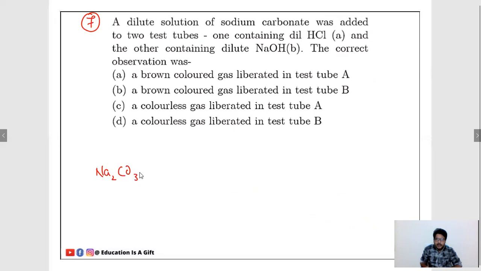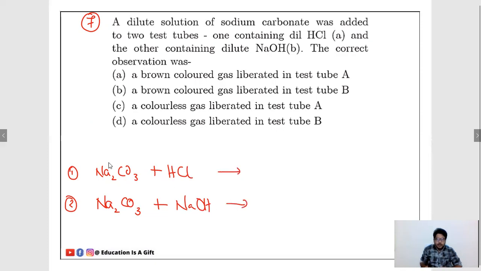They have added it in two test tubes. So let us consider this is the first test tube and this is the second test tube. Na2CO3 is added to HCl, and here Na2CO3 is added to NaOH. HCl is an acid and NaOH is a base, gives rise to.